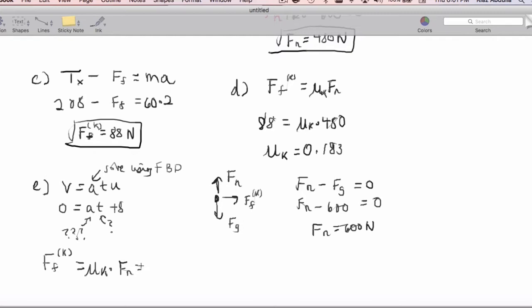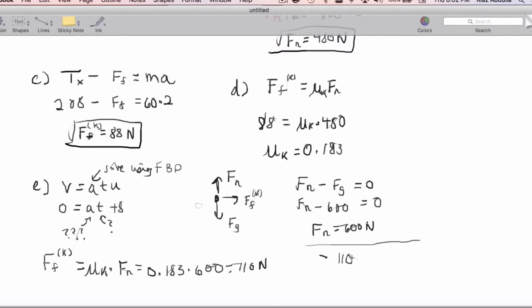My mu k is what I solved for in part D, so that's 0.183 times 600, which gives me about 110 newtons. Now, because friction opposes the motion, it's kind of like we have an applied force of 0 here.